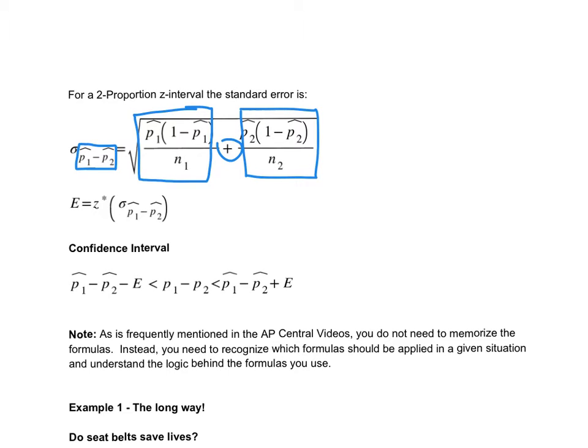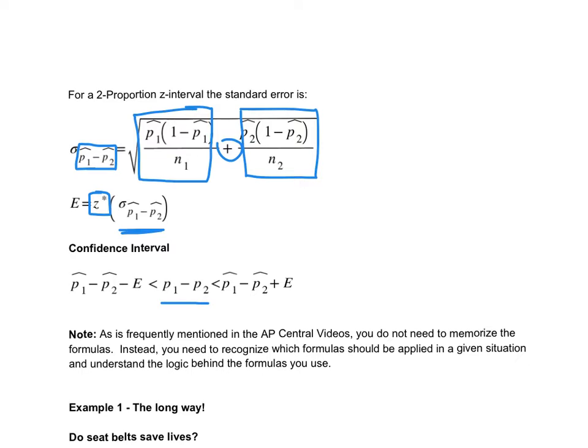You're just going to calculate essentially the standard error for both samples. You're going to add them together and find the square root. And that is the standard error of the difference of two sample proportions. Once you find that, you simply multiply that by your Z star, and that's your margin of error.